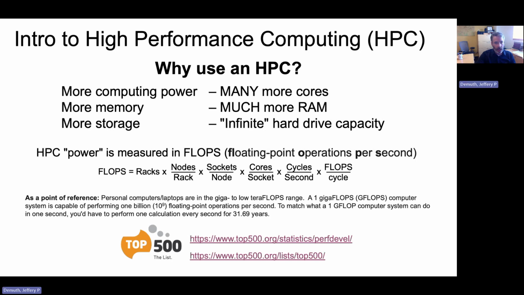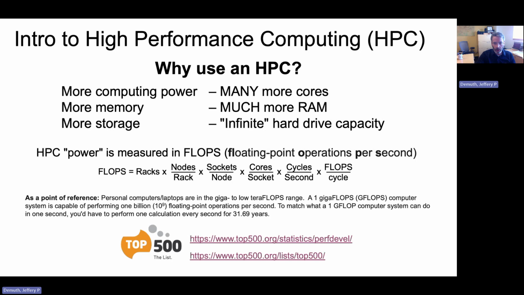Depending on the machine, they may have much more memory. So RAM is random access memory. We'll talk a little bit later about why cores and RAM are important for certain kinds of jobs. And then also more storage.